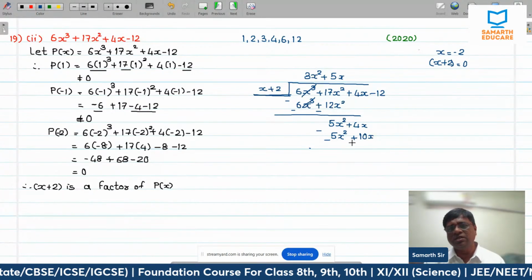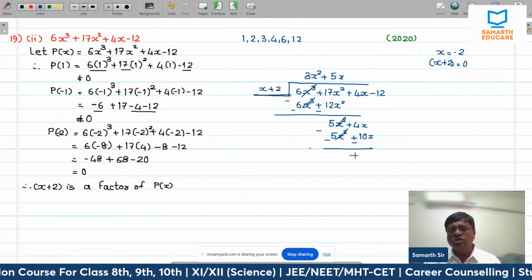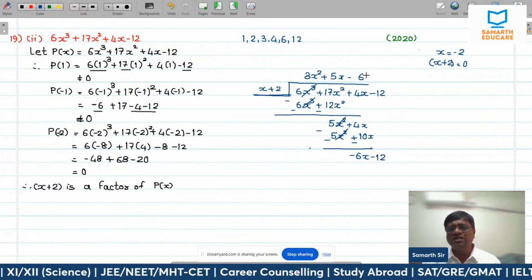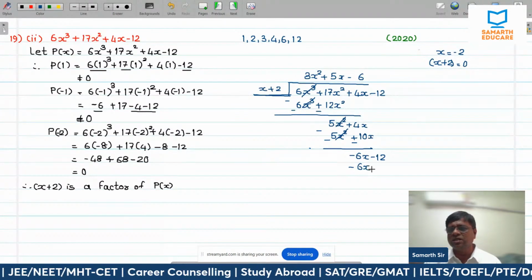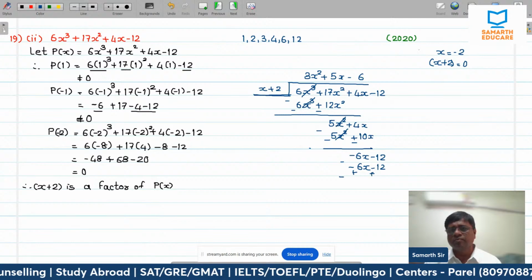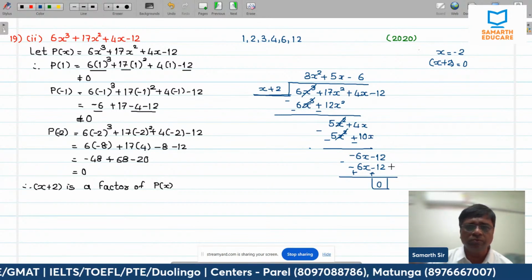I subtract this, sign changes, 5x² minus 5x². So this is -6x and -12. So if I multiply by -6, I get -6x -12. It is 0. All right.